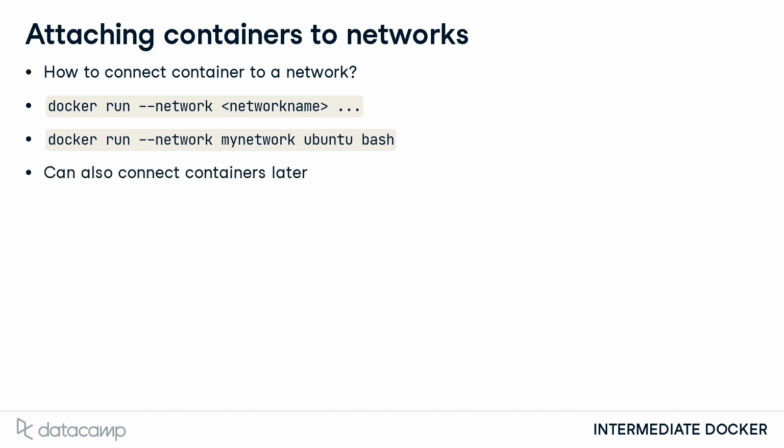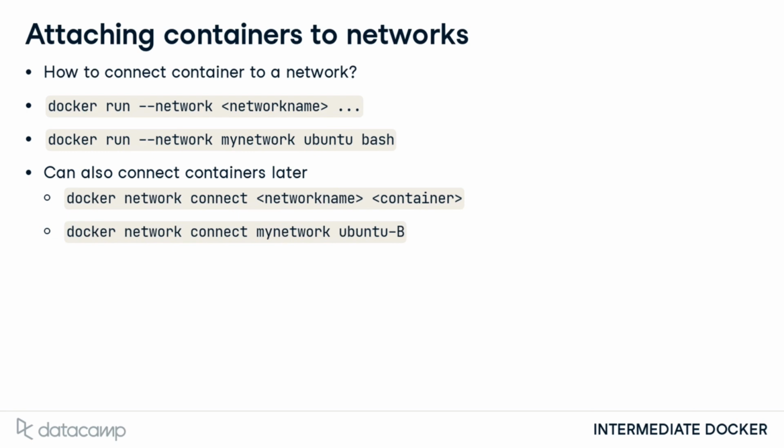We can also connect a container later using the docker network connect network name container ID command. The container ID can be a literal container ID or the name given to the container. We have an example of docker network connect mynetwork ubuntu b to connect the ubuntu b container to mynetwork.